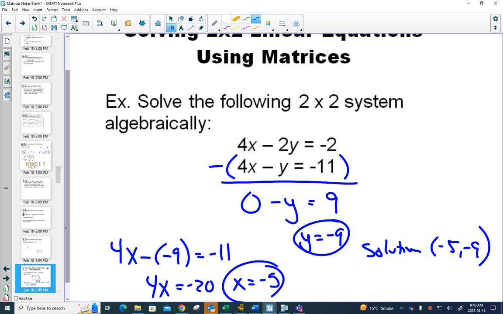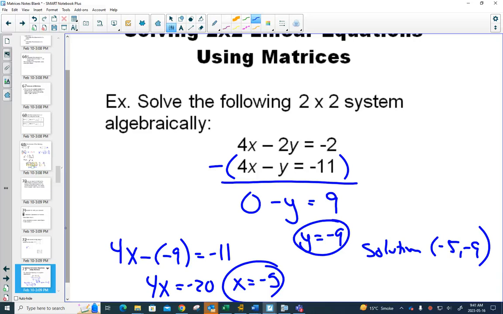And I absolutely want you to still like this method the best, because it is a better method than what we're about to do. However, when we get to bigger ones, then all of a sudden you're like, ooh, with my calculator, I appreciate matrices, because I can solve a bigger one easier than this technique. So there's a give and take. For the 2x2, this technique is not going to be as good.